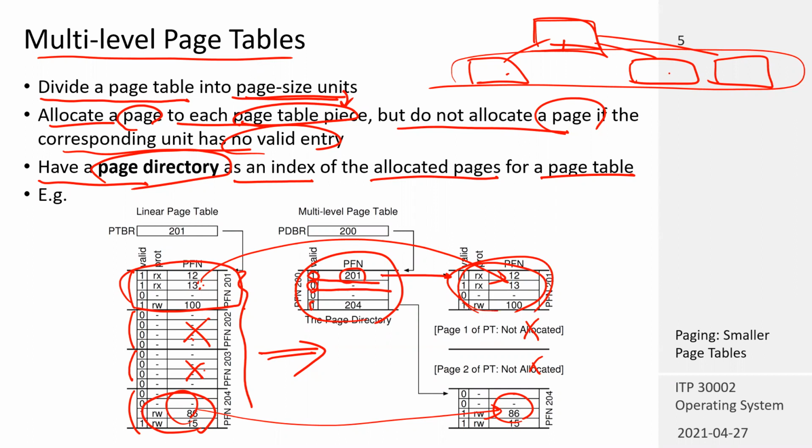Why? Because the whole page table entries corresponding to this piece are what? All invalid. The same for the third one, all invalid. And what about the fourth one? The fourth one, you can find the contents at frame number 204. And here we can find one piece of the page table.